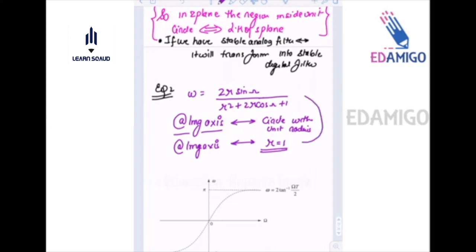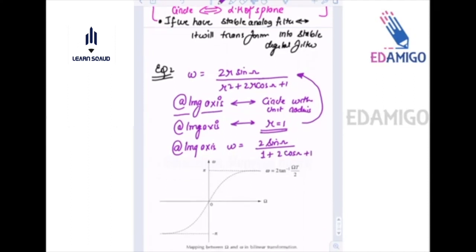So applying the condition of the imaginary axis on equation number 2, we can say that at the imaginary axis omega will be equal to 2 sine sigma upon 1 plus 2 cos sigma plus 1.